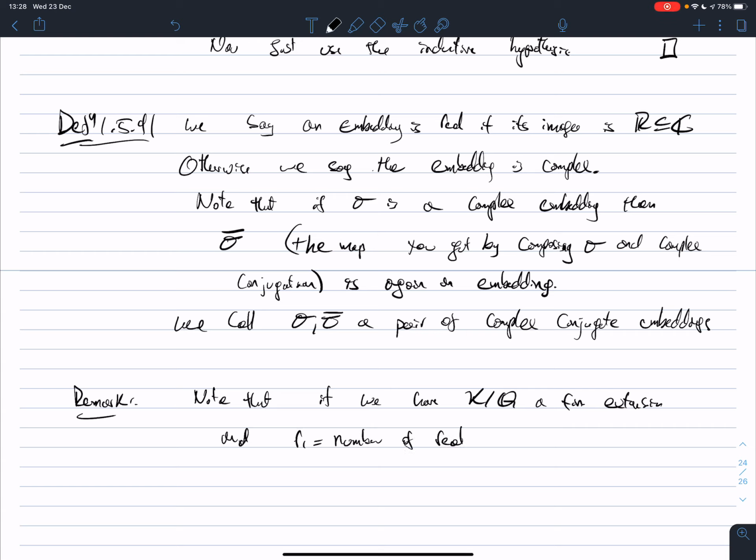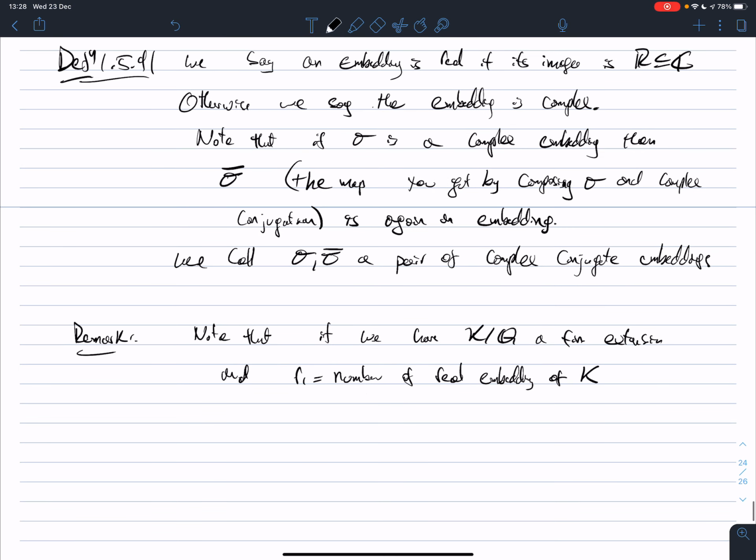R1 will always mean the number of real embeddings of a field. And R2 the number of complex conjugate embeddings. So I take them and I just pair them up, sigma and sigma bar. Then what the above proposition told us was that this equals R1 plus 2 R2.